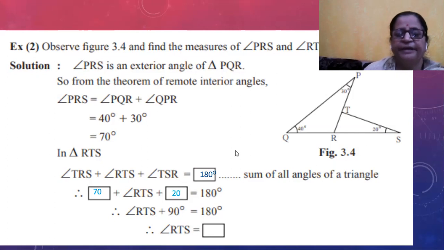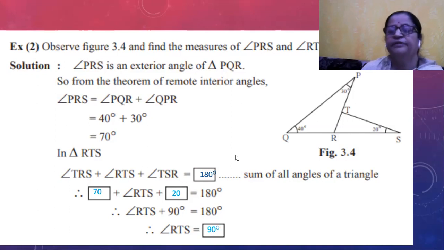The sum of 70 and 20 is equal to 90. And angle RTS is taken as it is. Therefore, angle RTS plus 90 is equal to 180. So the measure of angle RTS is found by taking the 90 to the other side with a minus, and we get 90 degrees.